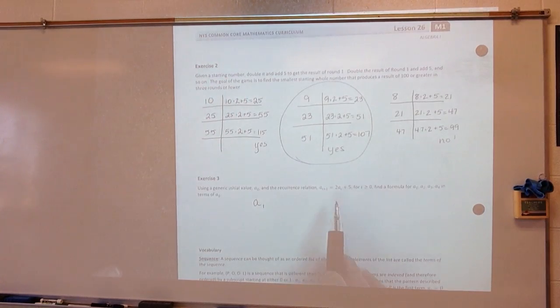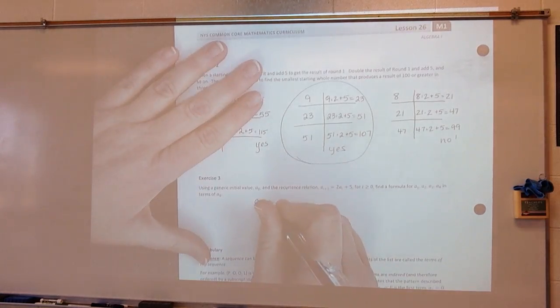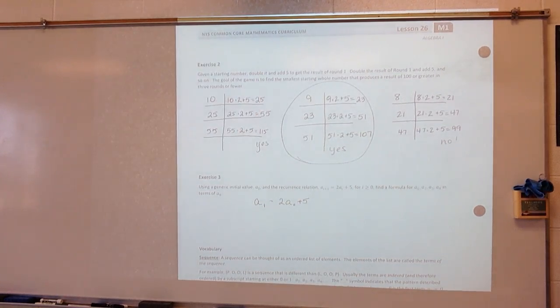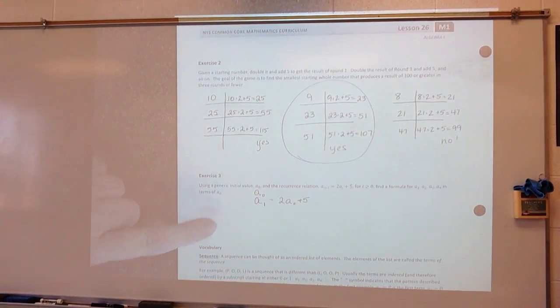So I know that a sub i plus 1 is equal to 2a sub i plus 5. Alright, so a sub 1 would actually be 2 of a sub 0 plus 5. Alright, because what am I doing? I'm multiplying a sub 0, this starting point, this initial value, and then adding 5.